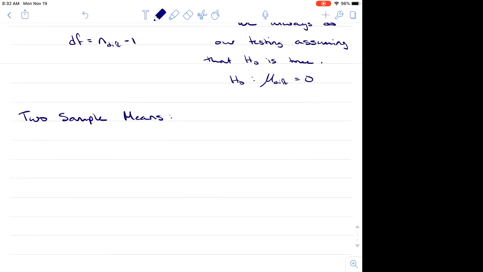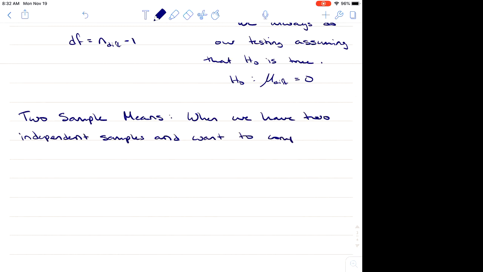So 2 sample means is when we have 2 independent samples and want to compare their means. What's really cool is they don't even have to have the same sample size.